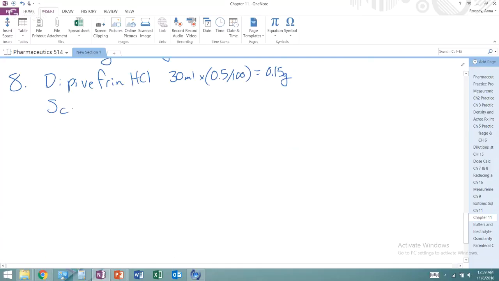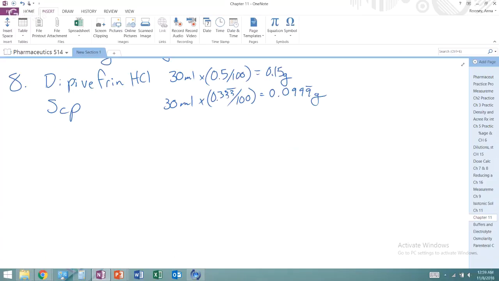And then scopolamine, we need 1/3%. So that is 30 ml times 0.3333333, repeating, divided by 100, and that is equal to 0.09999, that's all repeating too. So then we have to find the equivalence of this.